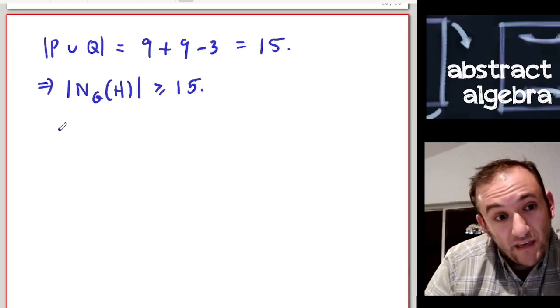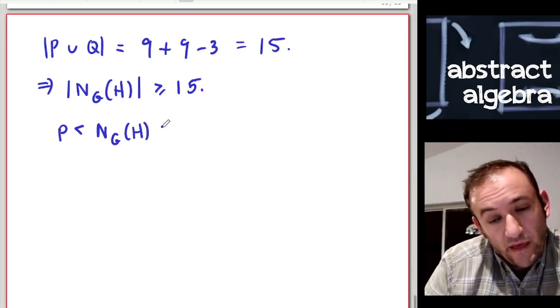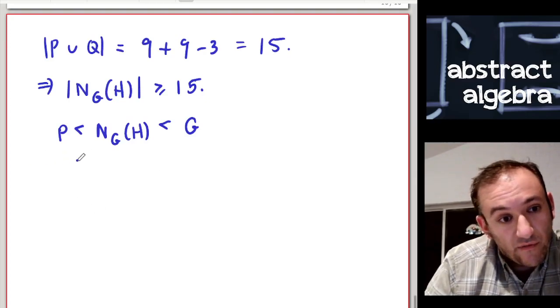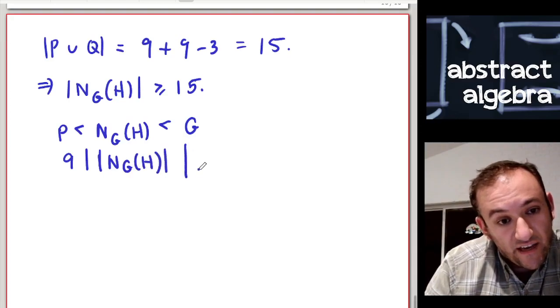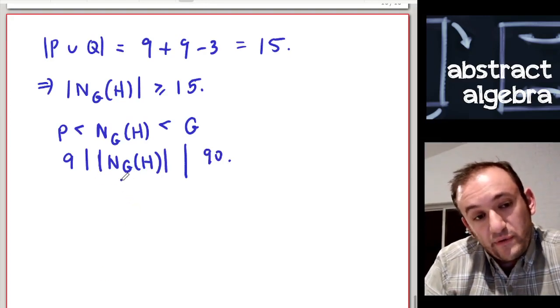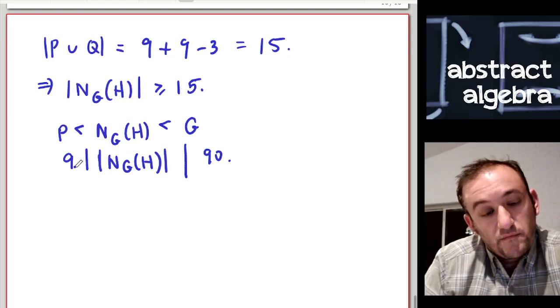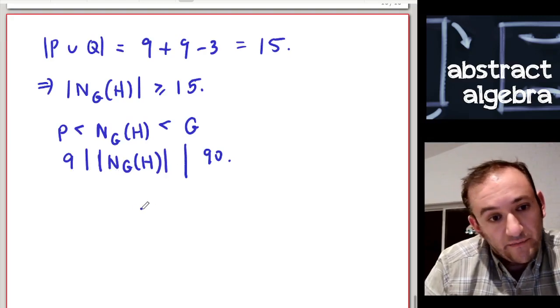We also know that P is a subgroup of N_G(H), and that in turn is a subgroup of G. And so by Lagrange's theorem, the order 9 has to divide the order of N_G(H), which in turn must divide the order of G, which is 90. Now we can think about what numbers are bigger than 15, have 9 as a factor, and divide 90.